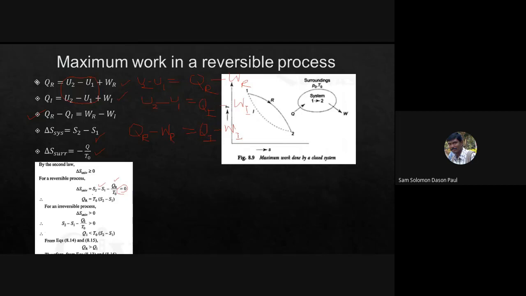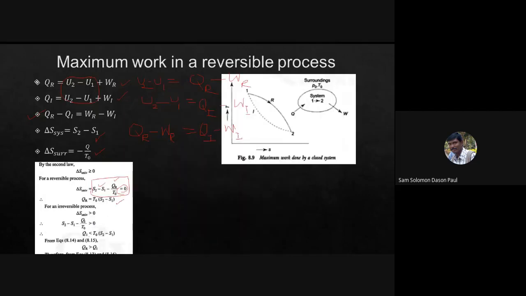Okay. So if I just consider this equation, S2 minus S1 minus QR by T naught equal to 0, QR is equal to T naught into S2 minus S1. That is the heat transfer in case of a reversible process. For an irreversible process, instead of equal to 0, you should have greater than 0.